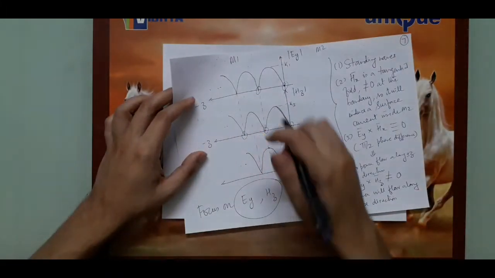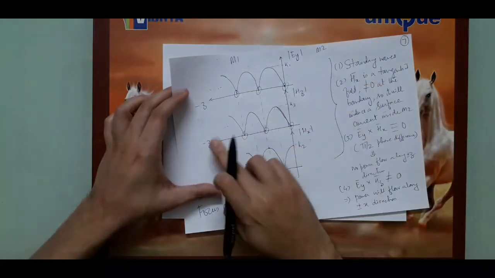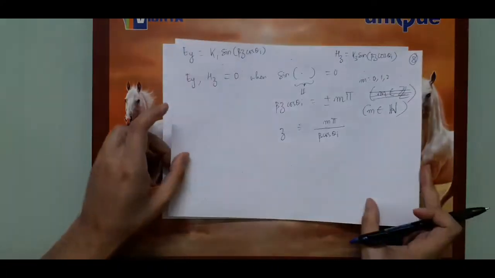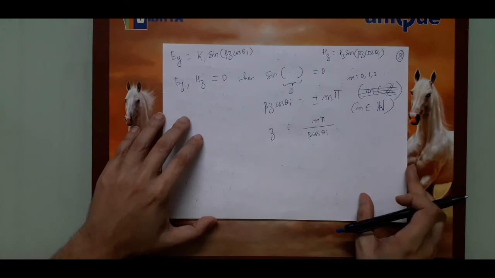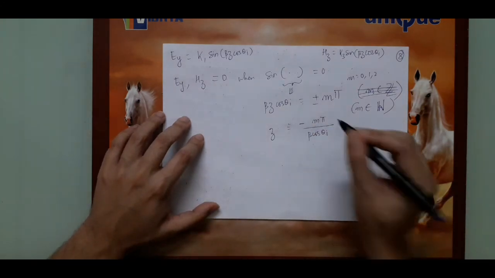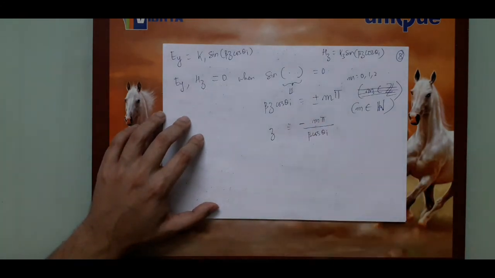But we know that these minimas or zeros exist only along the minus z axis. So therefore, let us take m as positive but with a minus sign.